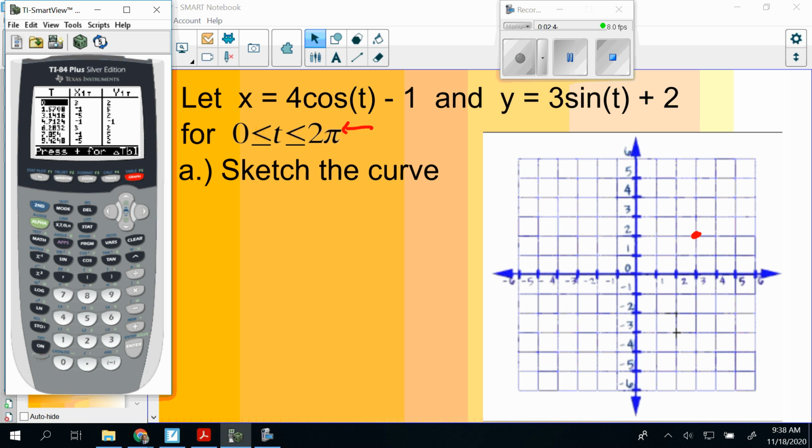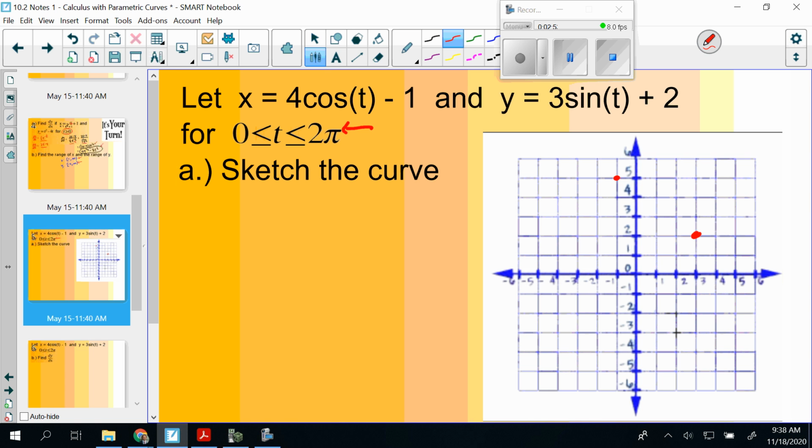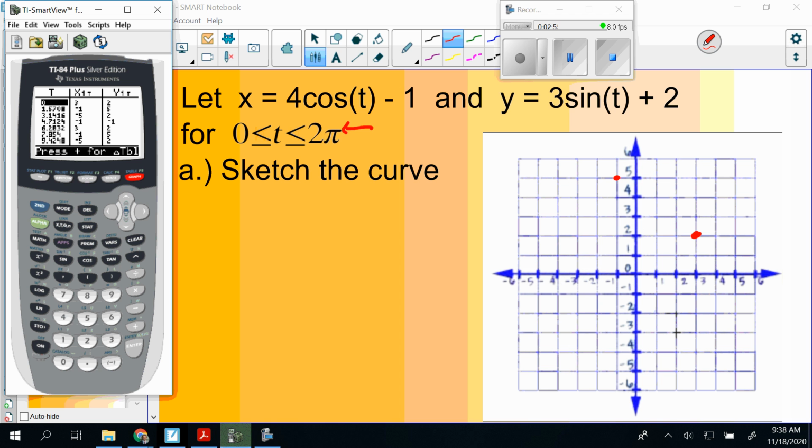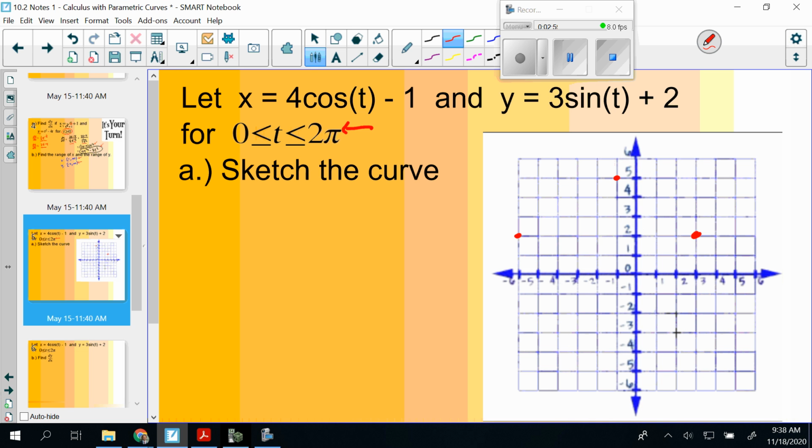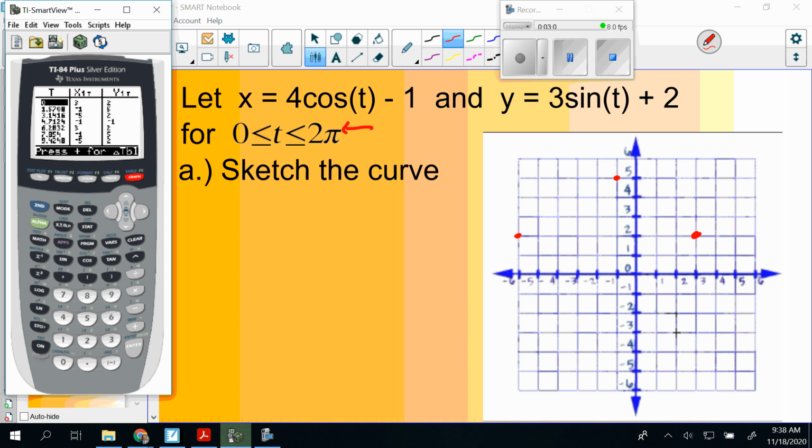So we can see at pi over 2, there's a point at -1, 5, which is right there. At pi, it's -5, 2, and at 3 pi over 2, it's -1, -1.